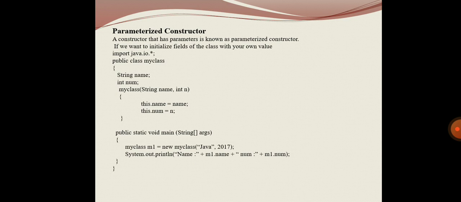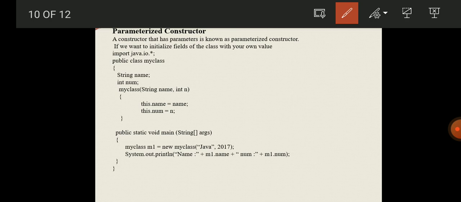Next one is the parameterized constructor. If the constructor has parameters, then we can call it a parameterized constructor. See here, class MyClass, and it has constructor parameters: a string name as well as an integer n, and we are assigning the values.